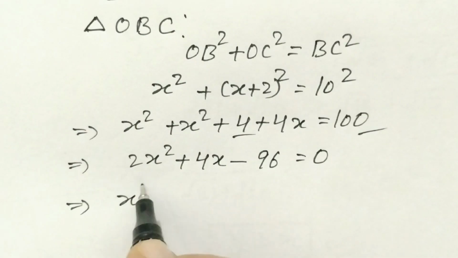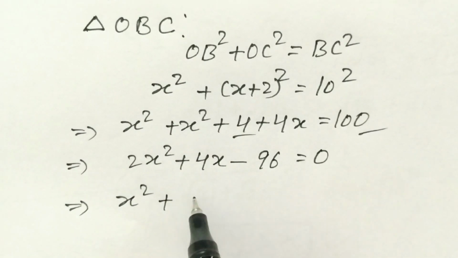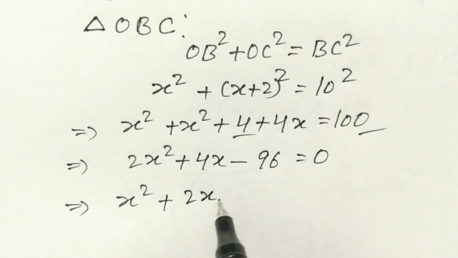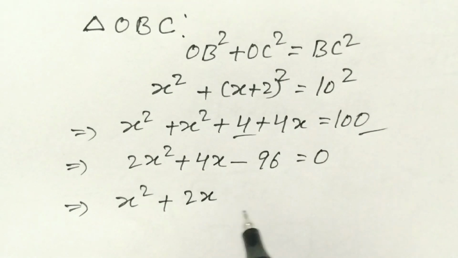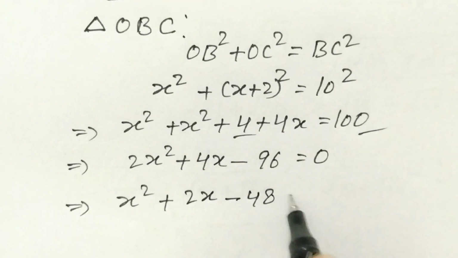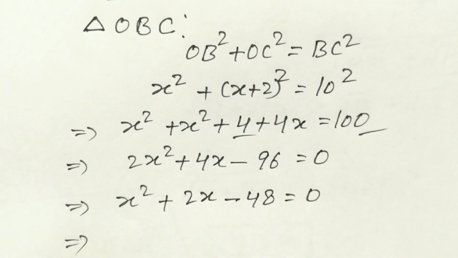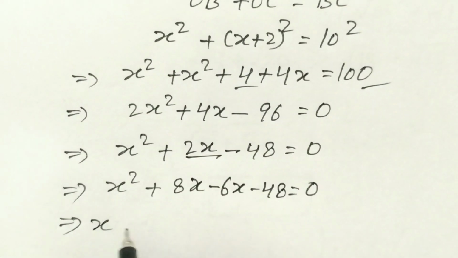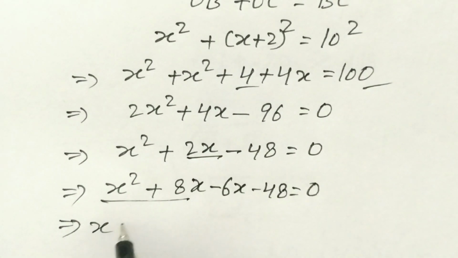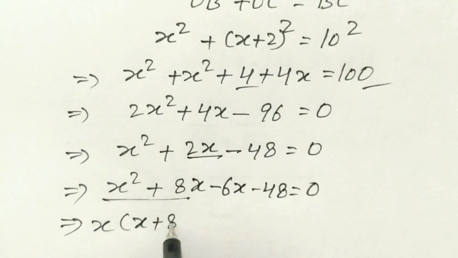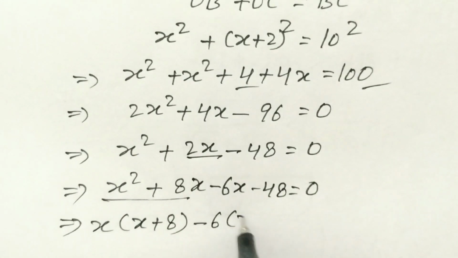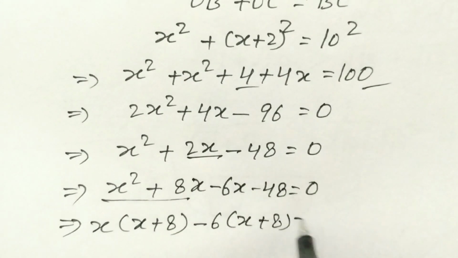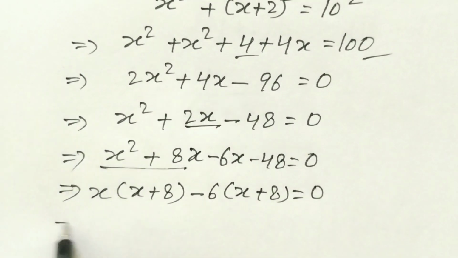So x square plus 2x minus 48 is equal to 0. Taking x as common, x plus 8 and minus 6 as common, x plus 8 is equal to 0.